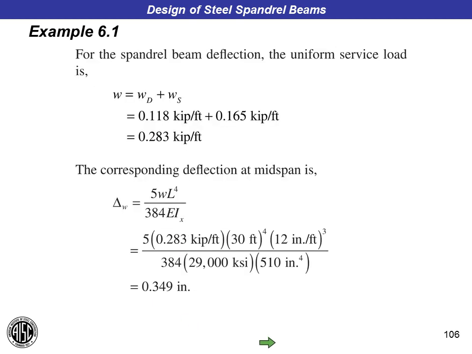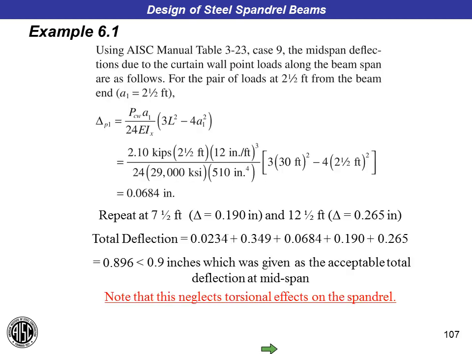Now when we look at the spandrel beam deflection itself, we look at the dead and snow loads and calculate what the vertical deflection of the beam is. That's 0.349 inches. This is just 5wL^4 over 384EI. Nothing particularly exotic about that.